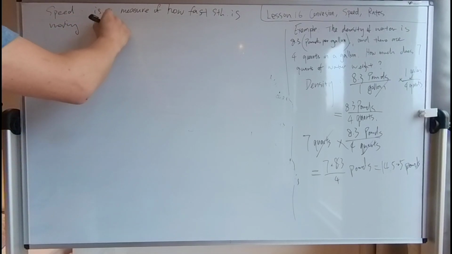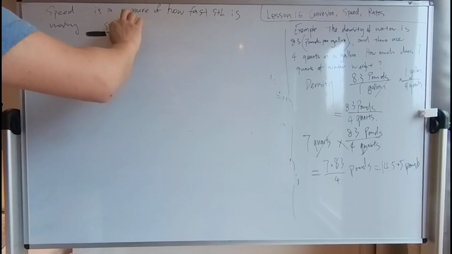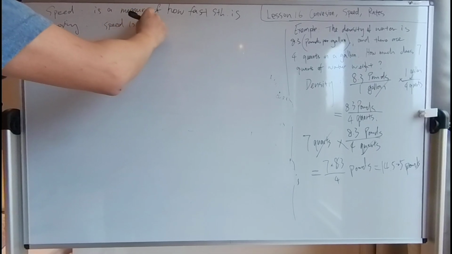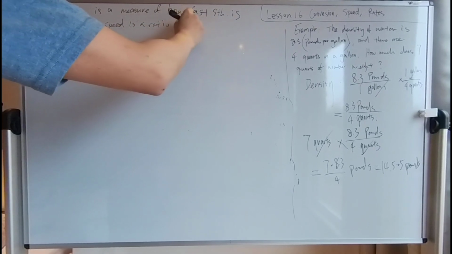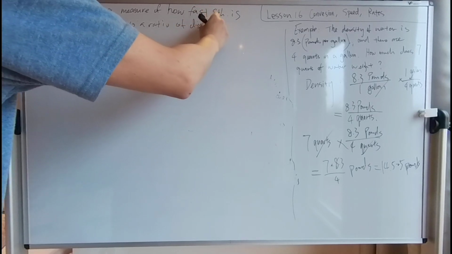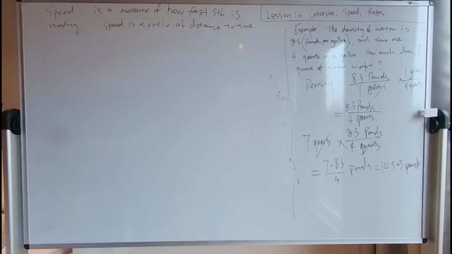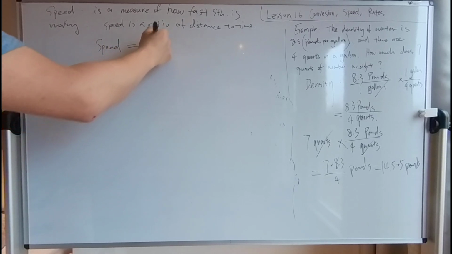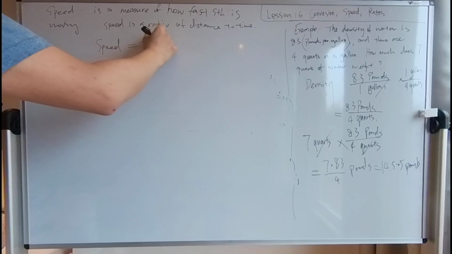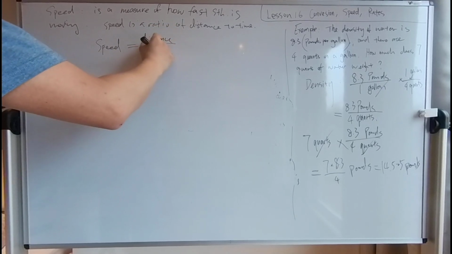So then speed is a ratio of distance to time, right? So how fast something's moving along the time, and how fast is measured by the change of distance. In mathematical expression, speed is distance over time.